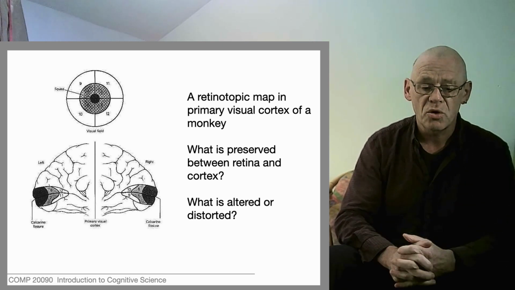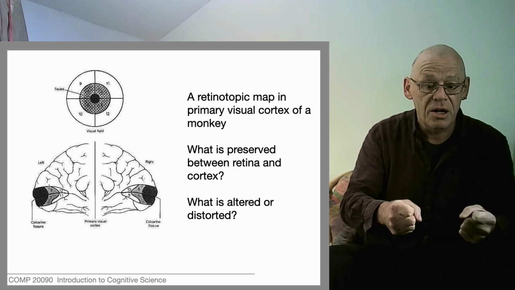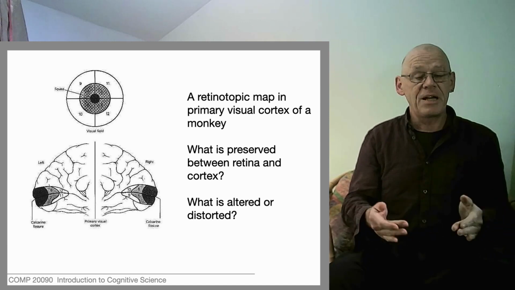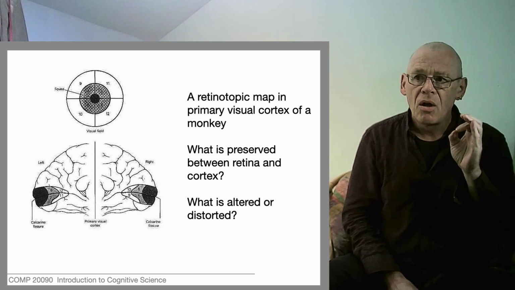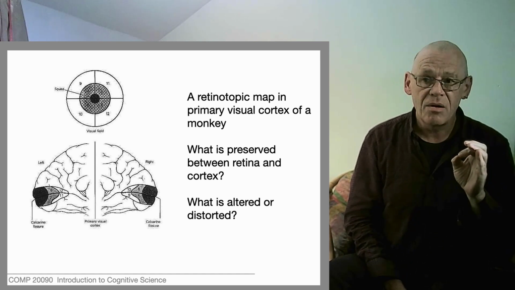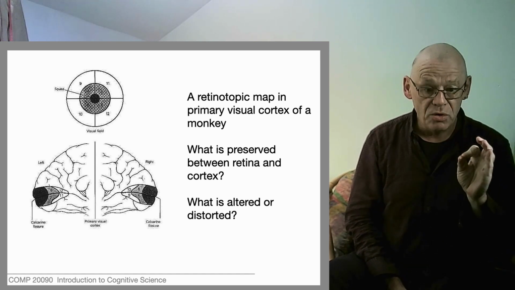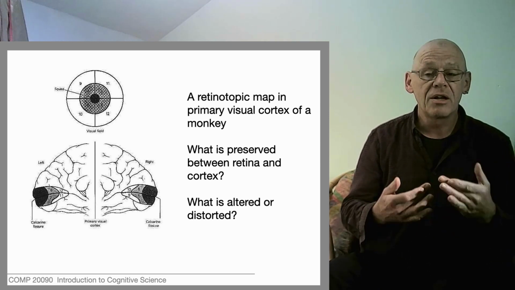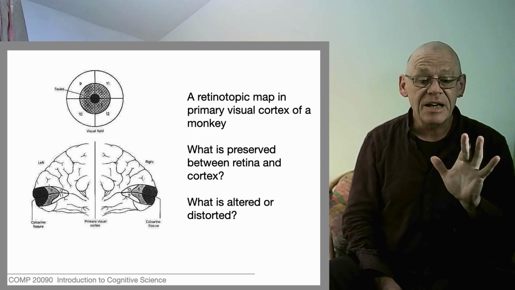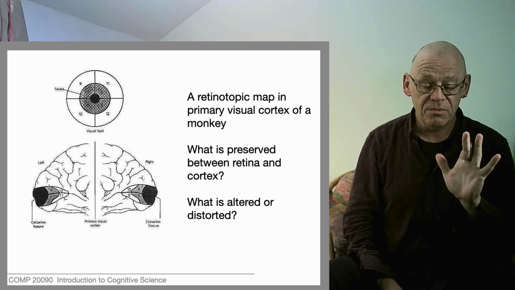So this kind of distortion, this stretching and compression has gone on. And it kind of makes sense, because what this means is that the part of the retina where most receptors are, where our sight is most acute, the fovea, has more brain real estate with it than those parts where we're gathering less information about the world.